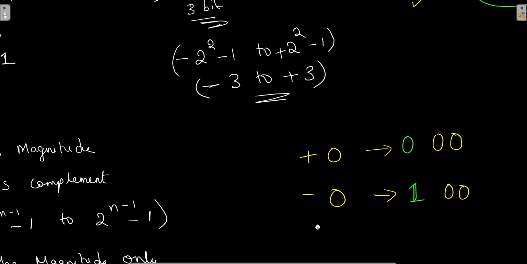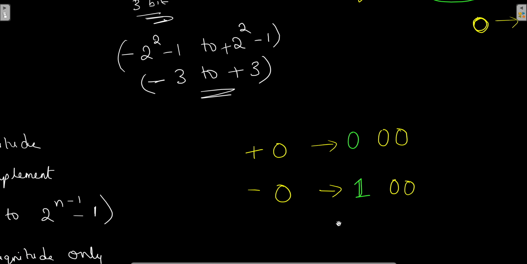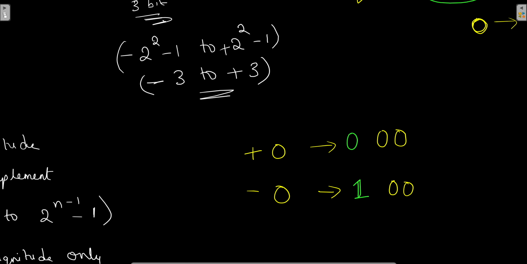This representation we call the sign magnitude representation form. This form we have to convert into ones complement. How are we doing it? I am taking the sign 1 as common. I am not changing the sign, just complementing the magnitude only.